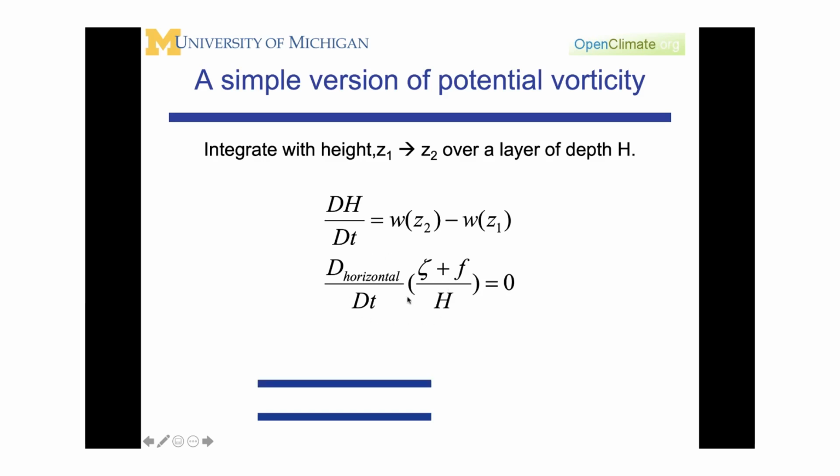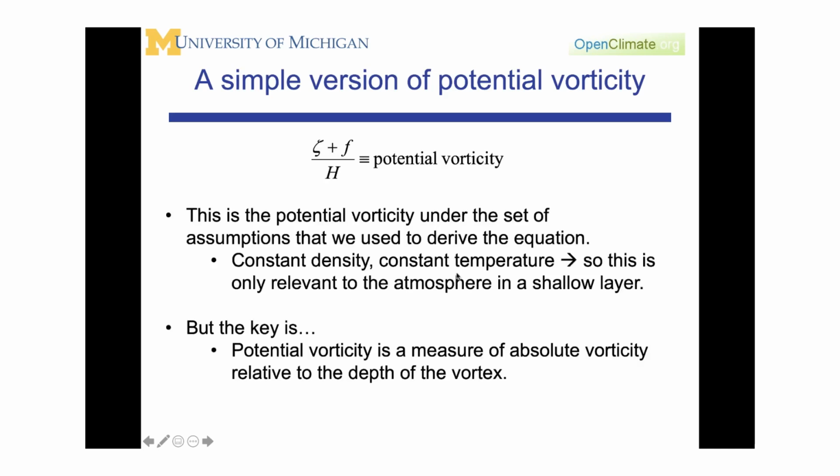Hence, we will be able to write the whole equation by combining everything on the left-hand side of d/dt, where we're explicitly stating we're looking at the horizontal derivatives, the xy plane, of zeta plus f over h is equal to 0. This quantity, zeta plus f over h, is the potential vorticity.